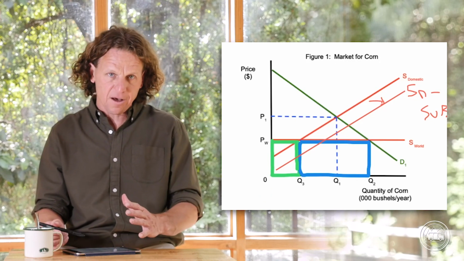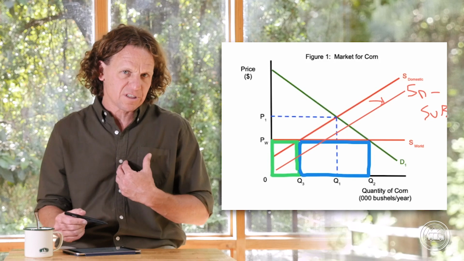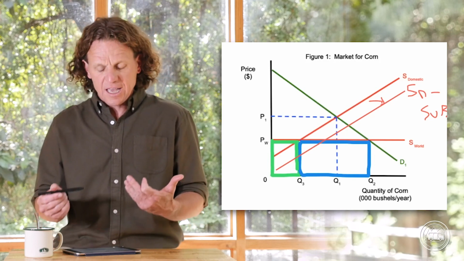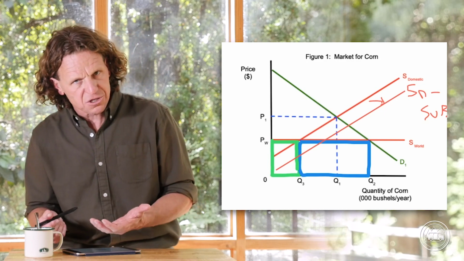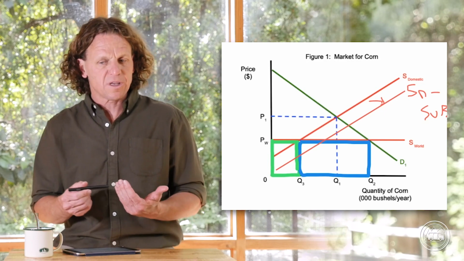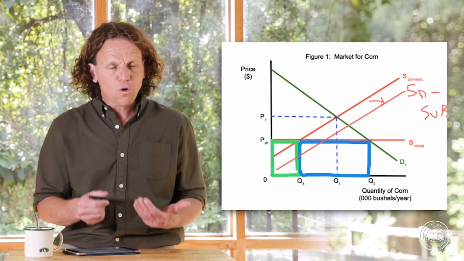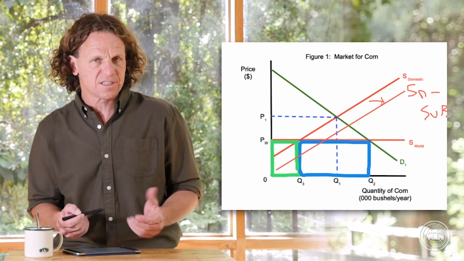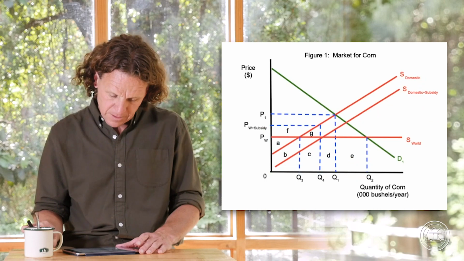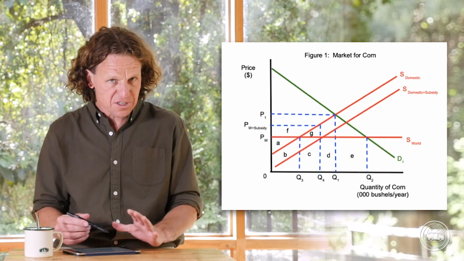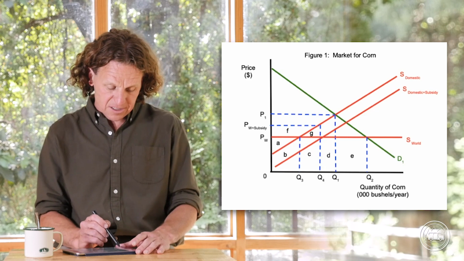So we'll clean this stuff up, and we'll be able to see actually what happened in terms of revenue for U.S. producers, and you will see that there's going to be a misallocation of resources, but it's going to actually be less than the tariff, and that's because the price of corn in the U.S. is not going to change. Okay, so where are we? Wow, we're at a much nicer looking diagram than we had on the last slide.